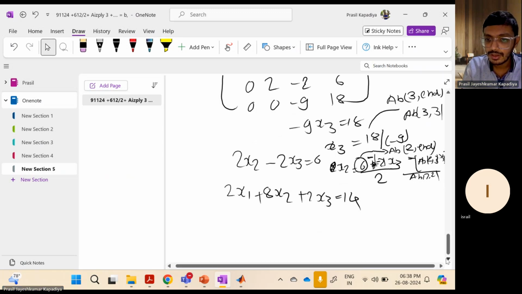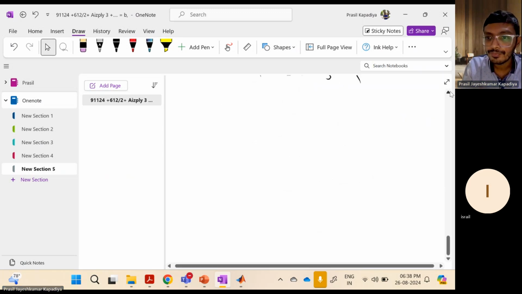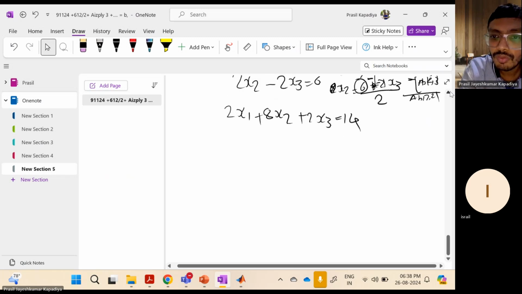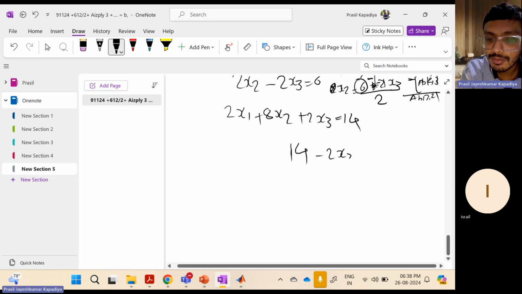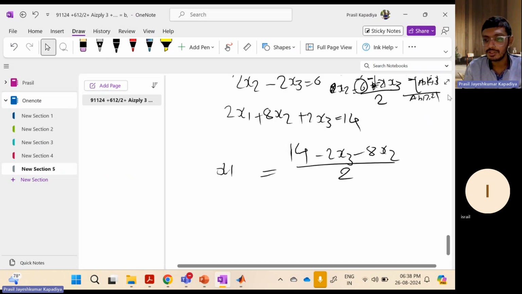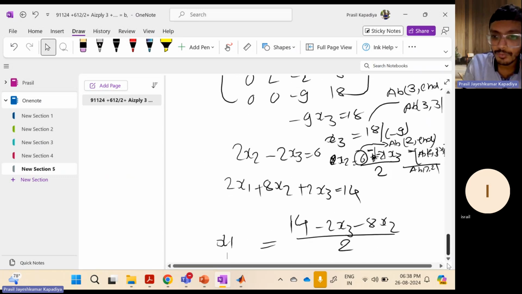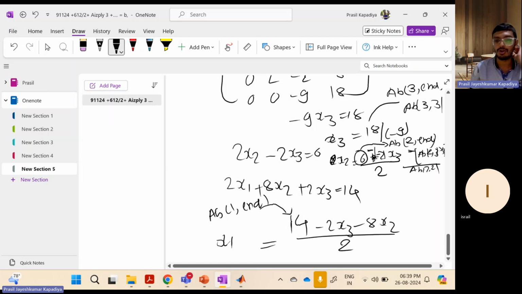Correct? So my 14 minus 2x3 minus 8x2 divided by 2 is equal to x1. So what is 14? 14 is my augmented matrix first row last element, first row, and it is given, so it will give the last, so we don't need to count.